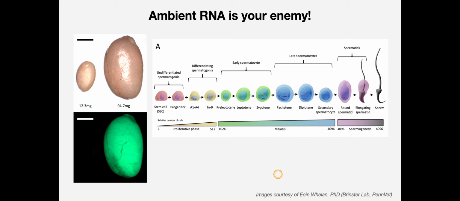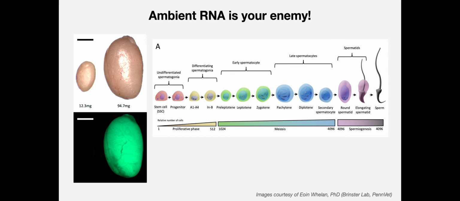So as an example of this, and this is all courtesy of Owen Whalen's work in Ralph Brinster's lab at Penn Vet, I just want to highlight one of the experiments that they've done where they can take mice that are unable to generate spermatids, so mature cells in germline differentiation in the testes. They know that these mice can't generate those cells, but they can inject those testes with GFP marked cells that restore the full competency of germ cell production here. And when they do that, the testis gets larger, and you get full spermatid formation.